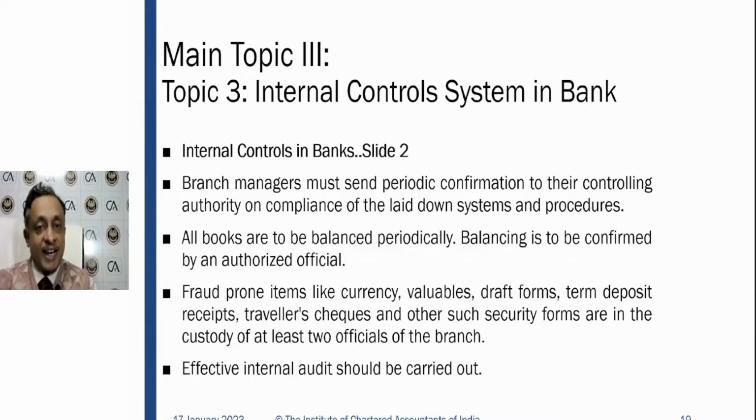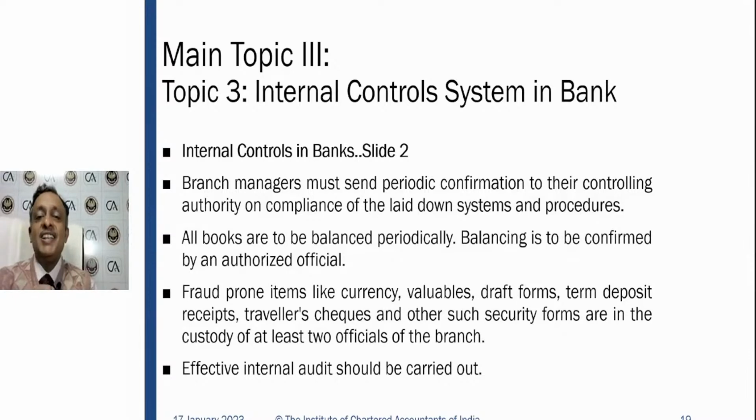CTR, STR: cash transaction report, suspicious transaction report, monthly NPA, non-performing advances report, monthly TDS report. So these are a few reports which are sent by the branch to their controlling office on a month-to-month basis. So as an auditor, suppose you get a chance to audit, then you have to see whether the reports are being properly sent or not.